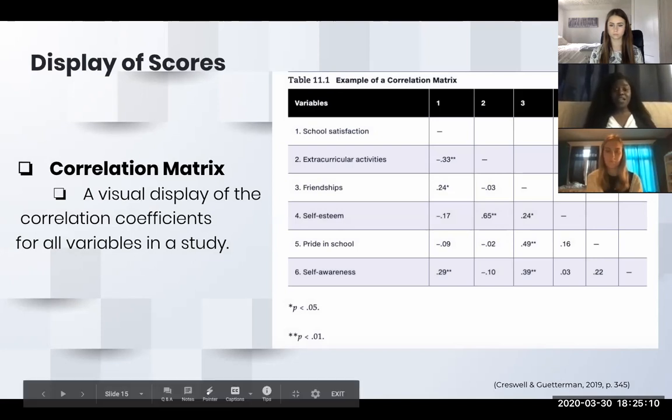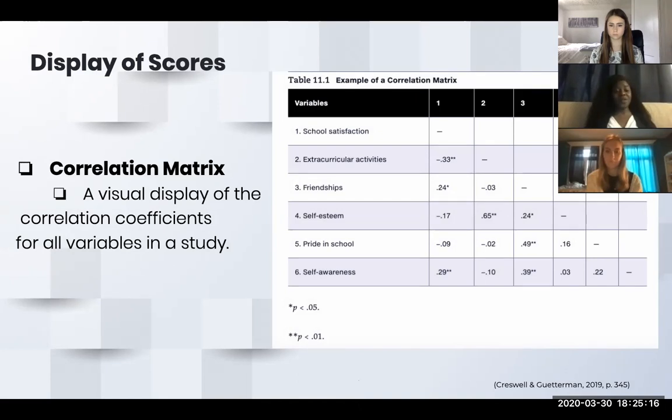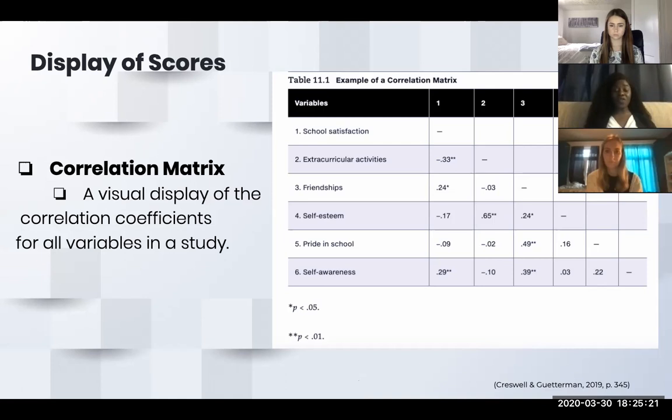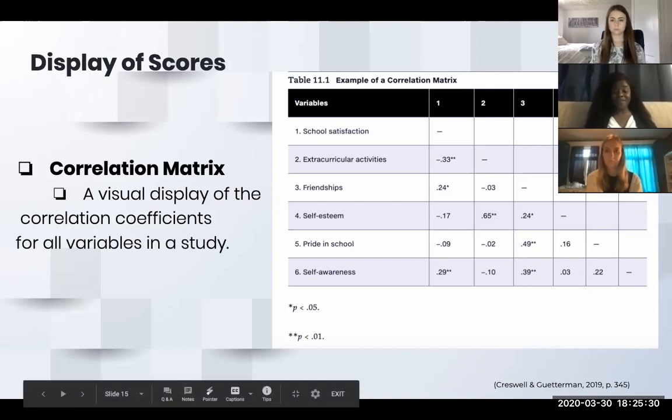The table from the textbook gives an example where there are 6 variables, and the correlation coefficients between each variable are listed in the table.